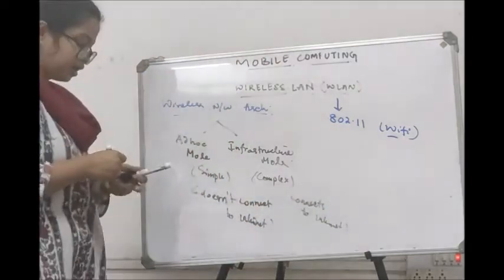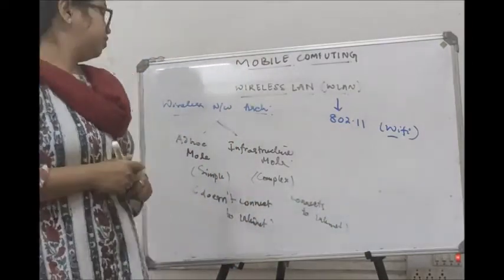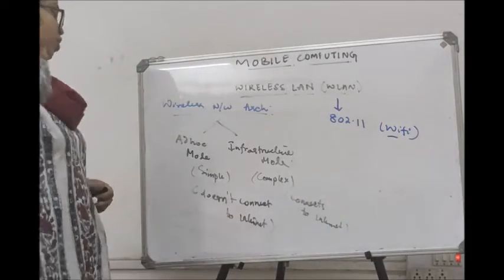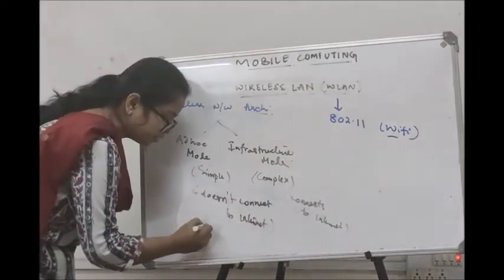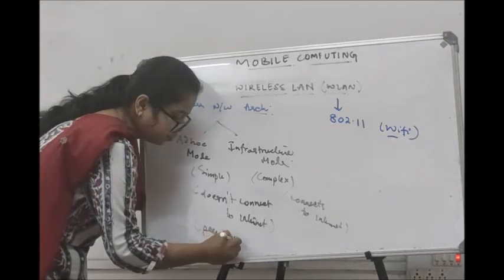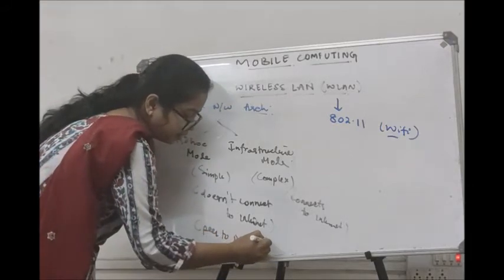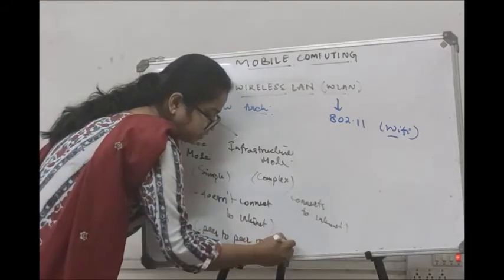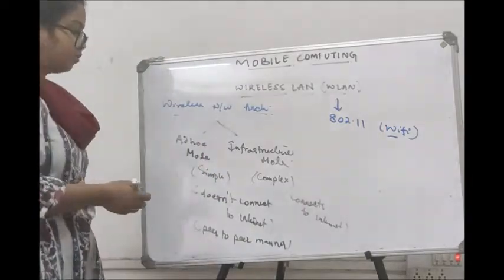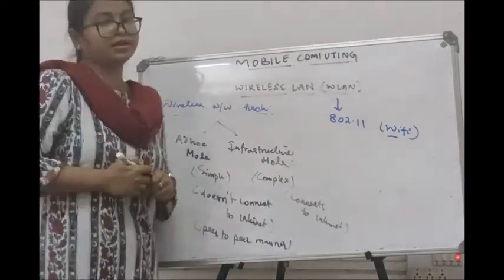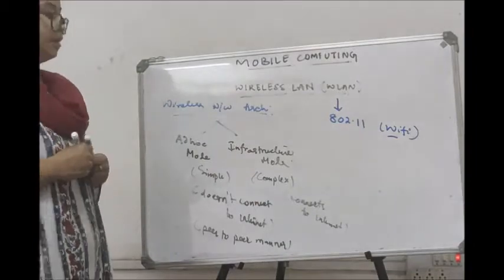Now, what are the other differences? In ad hoc mode, they work in a peer-to-peer manner. Peer-to-peer communication takes place. Here in infrastructure mode, it connects to the internet. It doesn't work in a peer-to-peer manner.